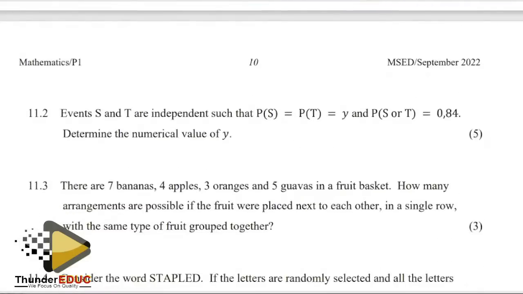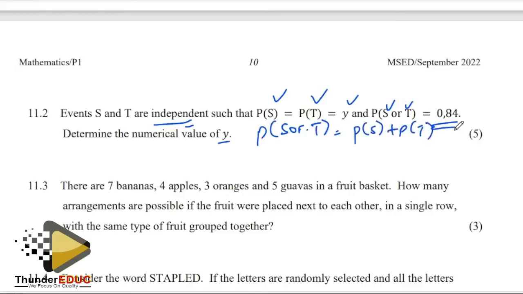Then here, events S and T are independent. You see that? The probability of S is the same as the probability of T, which is y. Then the probability of S or T is this. So you have to apply that addition rule. They want the value of y. So S or T is going to be S plus T minus the probability of S and T. Now, what is S?